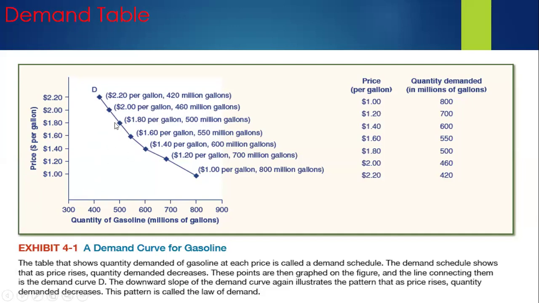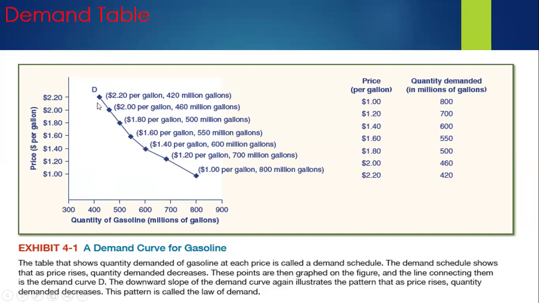So the curve shows here an inverse relation. High price, low quantity, low price, higher quantity. So it's high, low, low, high. It's an inverse relation. High price, low quantity. The lower the price, the higher the quantity demanded.